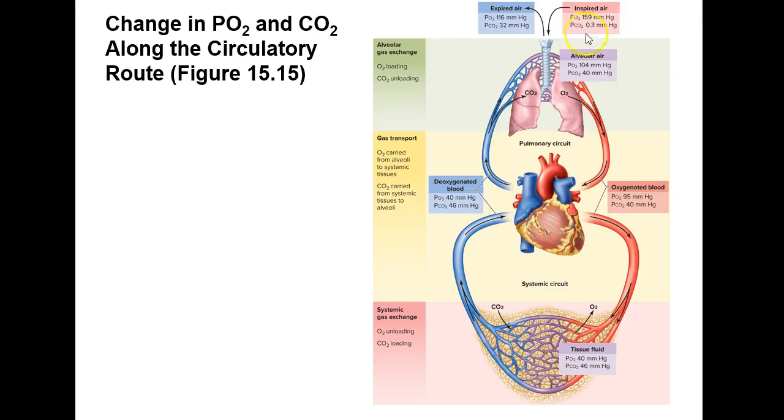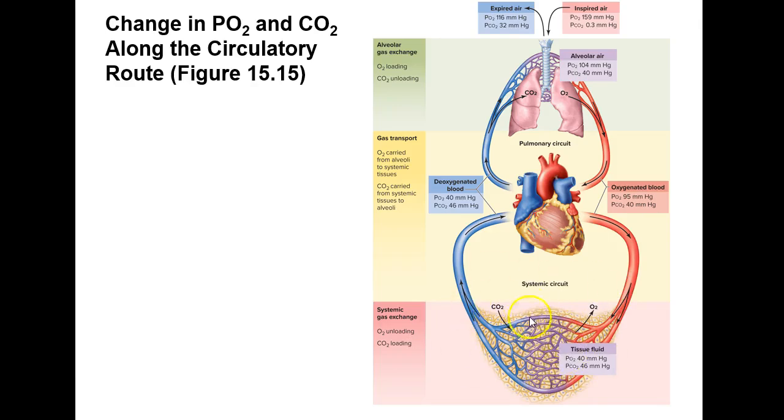Here you can see that process and see those numbers and how they change. In inspired air, we have about 159 millimeters of mercury as our partial pressure for oxygen. You can see that drops a little bit as that air enters into the alveoli. By the time it gets into the blood, it's going to drop a lot more, but it's still going to be higher than the partial pressure of oxygen in the tissues, which allows that oxygen to be unloaded from the bloodstream into the tissues.